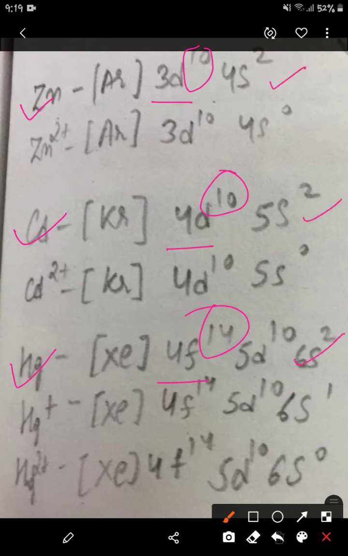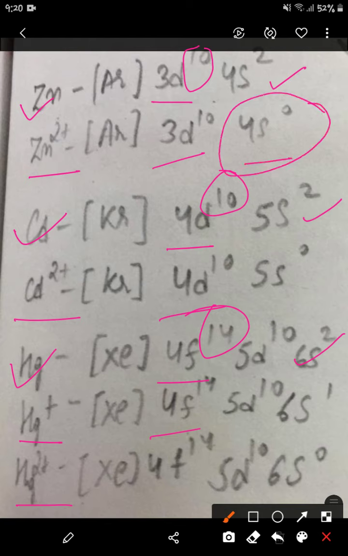Now the second condition, if we say higher oxidation states: for Zn the most common oxidation state is Zn2+, for Cd it is Cd2+, and you can see Hg+ and Hg2+ also. The configuration given is 3d10 again, 4d10 again and 5d10 again, because the electrons being removed are from 4s, 5s, and 6s orbitals.